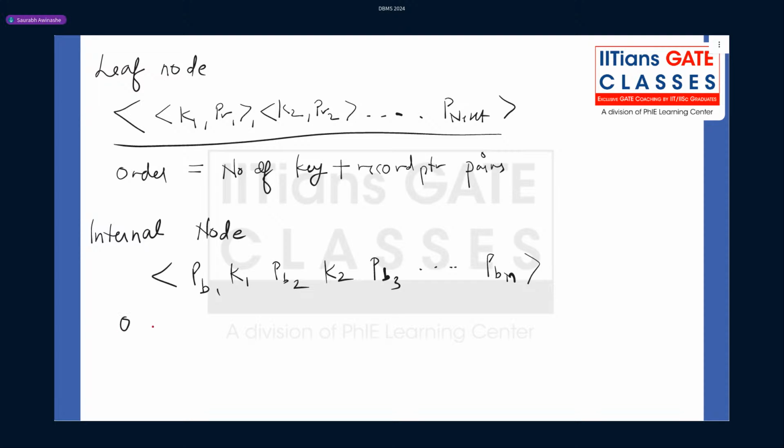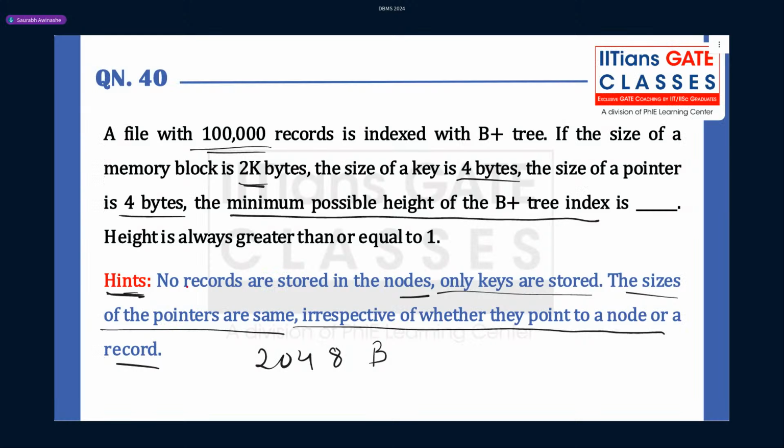And the order for the internal node is the number of children. So this is the basis for this question.